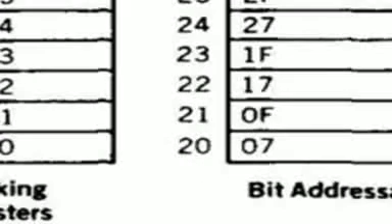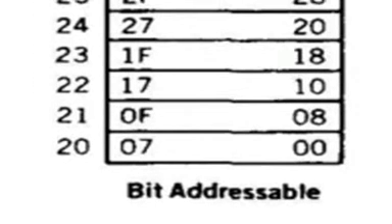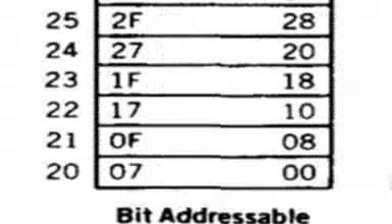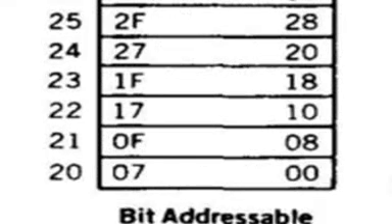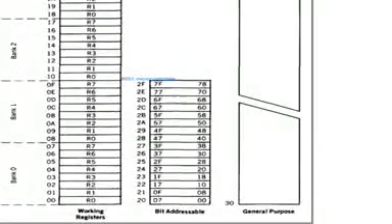After 07, the next 21 starts. In 21 you will again start from 08. So 08, 09. After 09 you will have 0A, B, C, D, E, F. After F, again it will start from 10. In that way, each bit you can address. You can manipulate each bit individually. This is the bit addressable area.